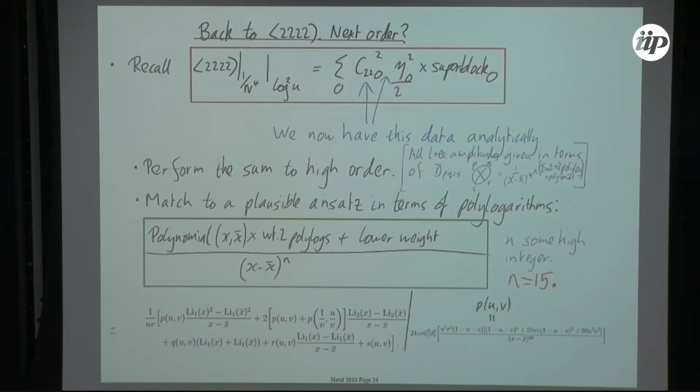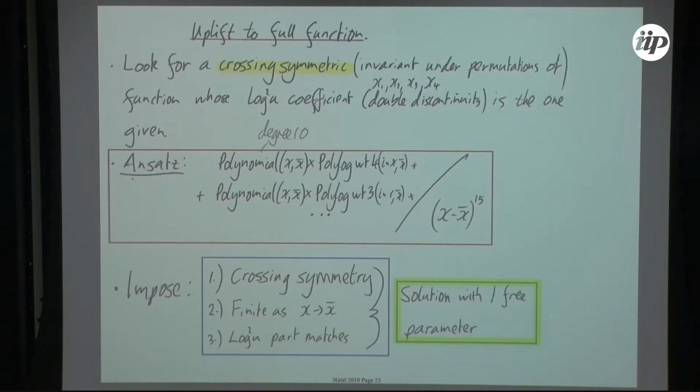So this is the double discontinuity, and once you've found the double discontinuity, you then want to try and get the full function itself. And again, we simply wrote an ansatz down, a natural-looking ansatz given the tree-level structure and the double discontinuity structure.